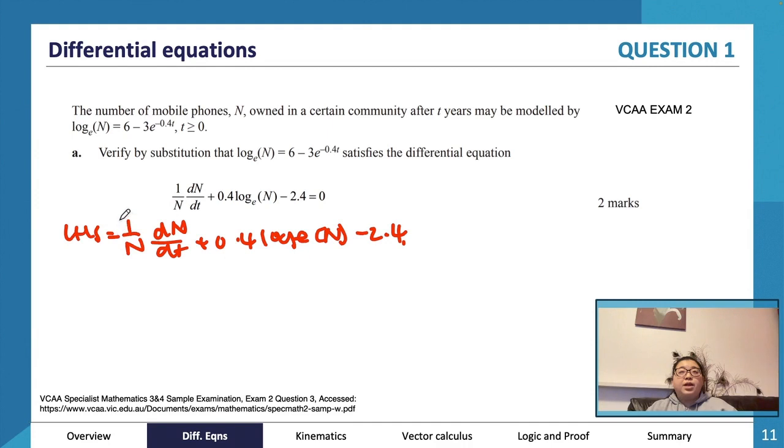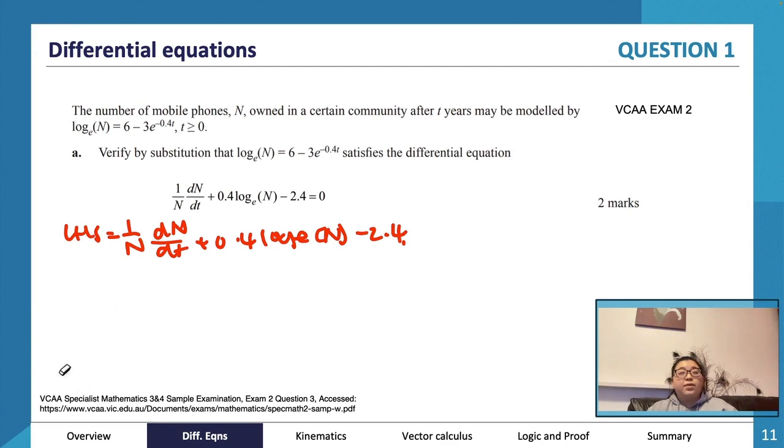And now the extra thing that we need to find is what dN/dt is going to be equivalent to. So we can just derive both sides, because we need to do a bit of implicit differentiation here.